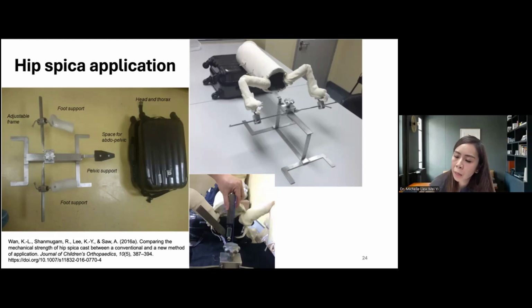Under fluoroscopic guidance, we confirm that the femoral head is adequately reduced within the acetabulum prior to applying the cast. While plaster of Paris is a commonly used material at UMMC, we prefer a delta dry padding combined with fiberglass. This combination offers a lighter, more durable alternative, which is particularly advantageous given the need for the spica to be in place for approximately 12 weeks.